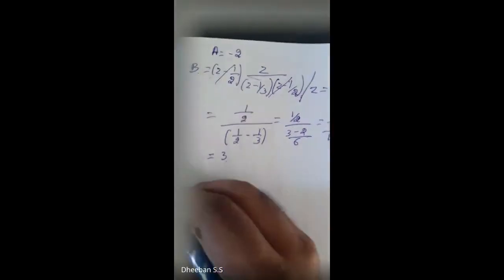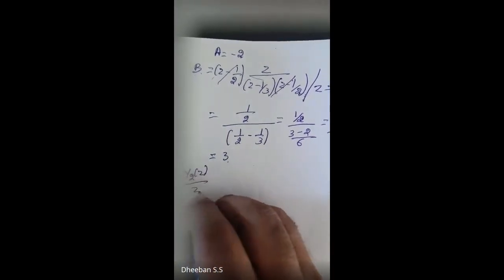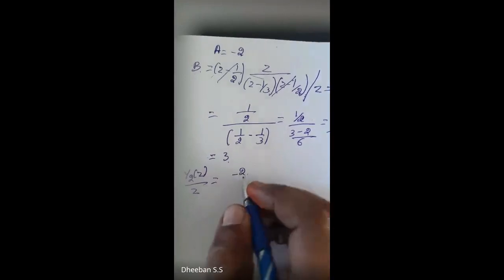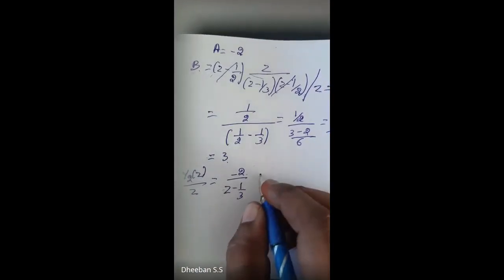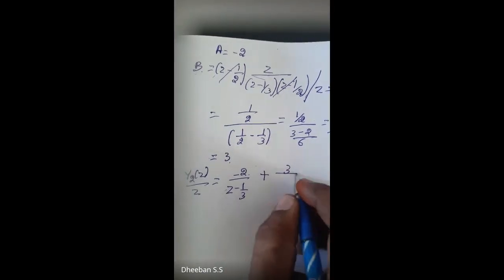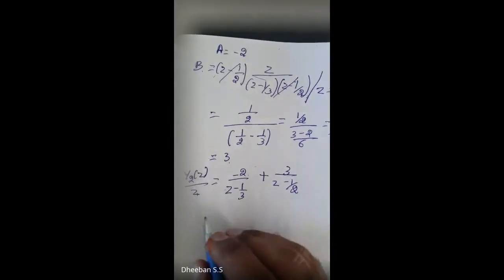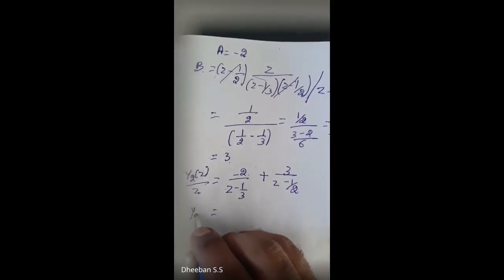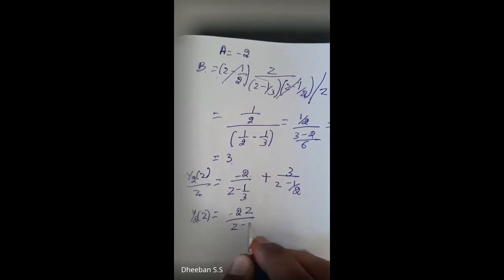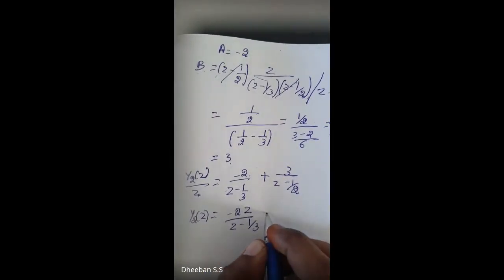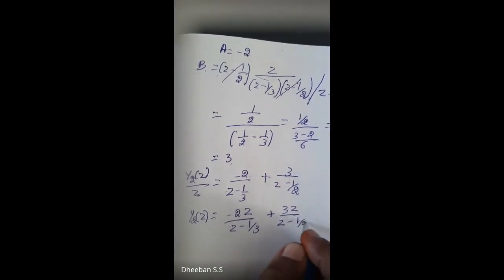So now you got Y2(z) by z. You just write it out, so it will be minus 2 by (z minus 1/3) plus 3 by (z minus 1/2). Now you bring this z over to that side, and you get Y2(z) equal to minus 2z by (z minus 1/3) plus 3z by (z minus 1/2).